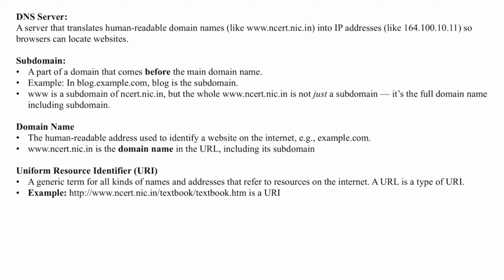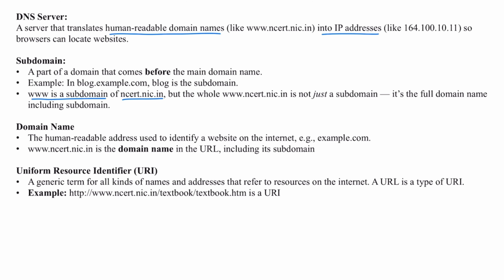So the work of DNS server is transferring domain names into IP addresses. Subdomain is a part of domain that comes before the main domain name. That is, www is a subdomain of ncert.nic.in.